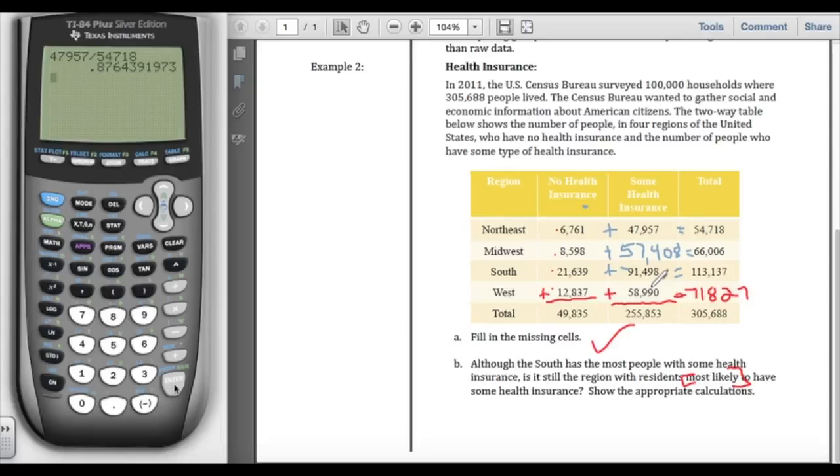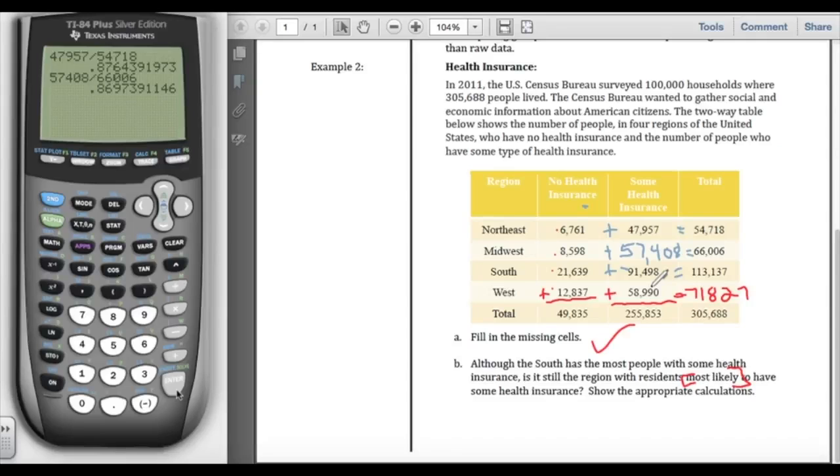Then I can move to the Midwest. It is 57,408 with some health insurance divided by the total of 66,006 gives me 86.97% or 87% with some health insurance.